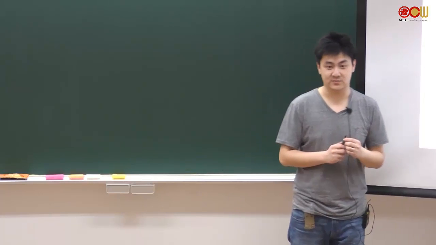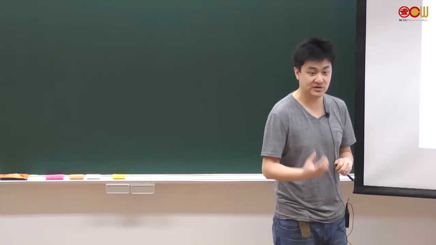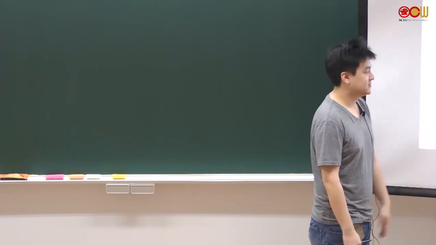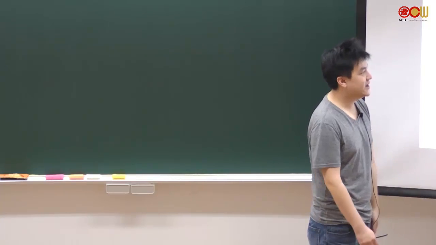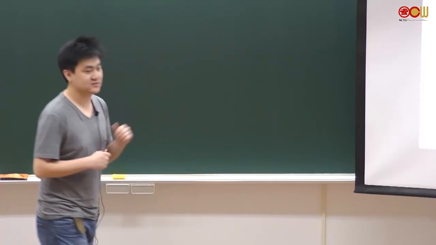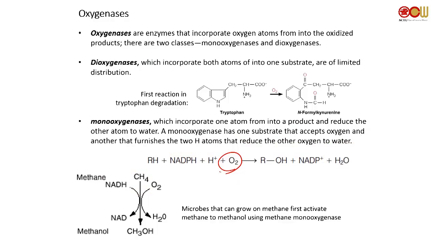Methane is super stable. Anything without functional groups, like saturated carbon, is typically super stable. So it's not an easy reaction, but yet you have these oxygenases that can do this process. Actually, this process is going to be a very important process in the next 20 years.